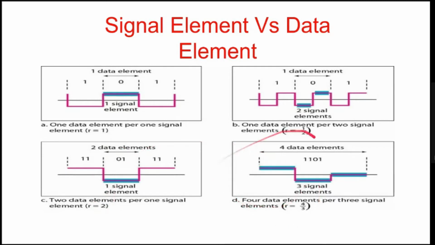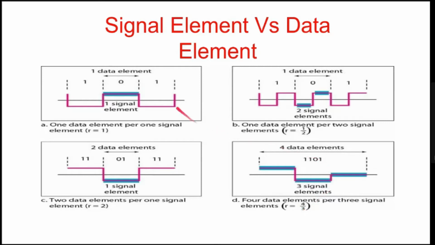So here see the last diagram. The 4 data elements are denoted like this. That is 3 signal elements. 4 data elements, 4 completely. The 4 data elements are per the 3 signal elements. So 4 by 3. So the corresponding R value is 4/3.